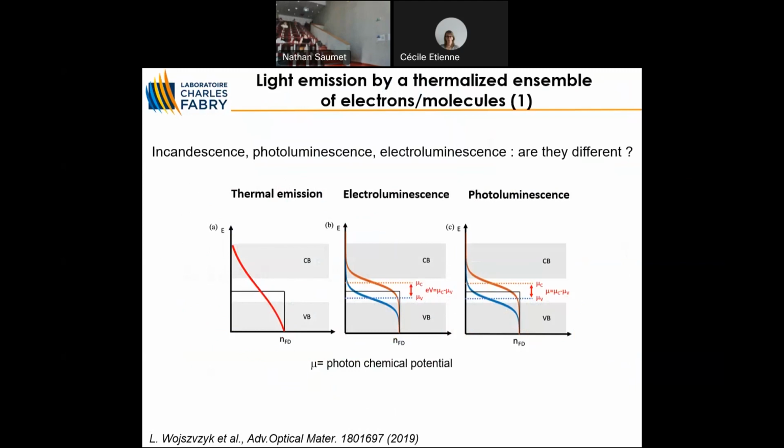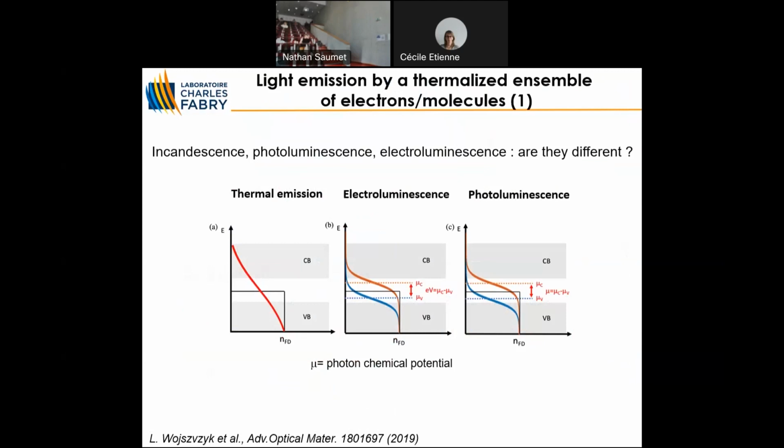The difference is how do you excite an electron in the valence band to get this electron into the conduction band. Either by heating, and you have a high temperature distribution, or by sending a photon or applying a voltage. So the difference is really how you excite. In the emission process, they are one and the same.